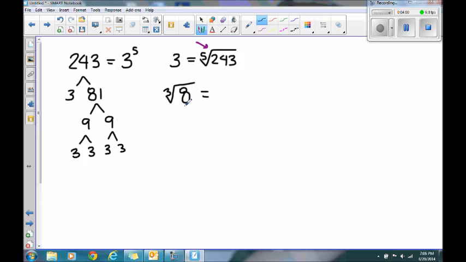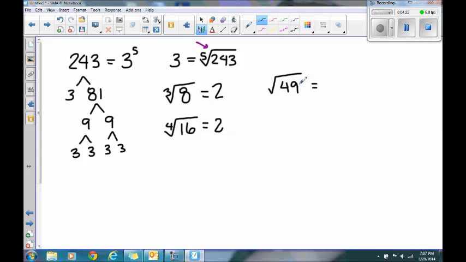This means cube root of 8. If I want the 4th root of 16, which is also 2, I'm going to put a 4 out there. If there's no number written here in this little v, it's understood to be a 2.